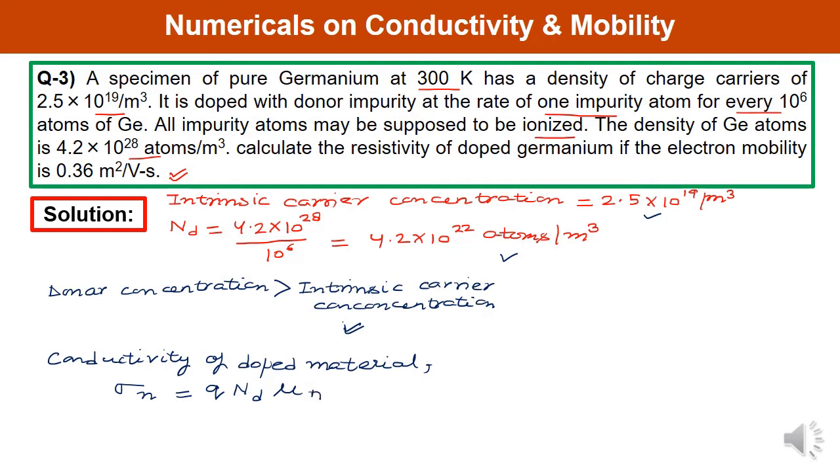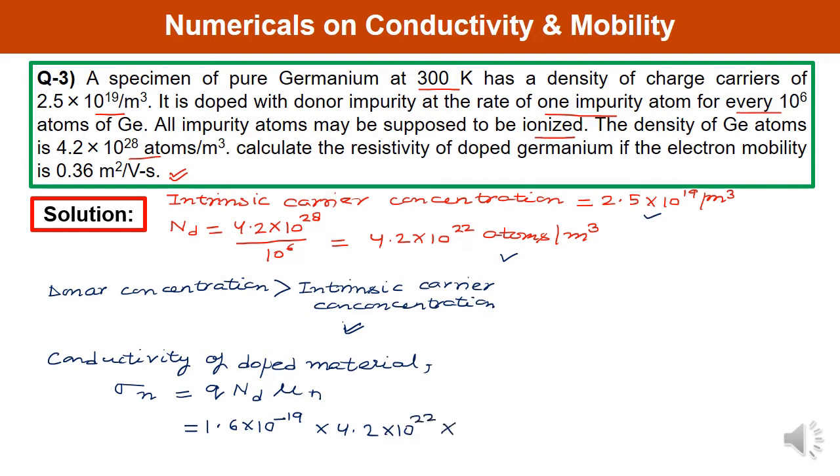Why have we written nd? Because we have considered the donor concentration. If you substitute all these values, Q is 1.6 into 10 raised to the power minus 19. What is the value of nd which you have calculated? That is 4.2 into 10 raised to the power 22.